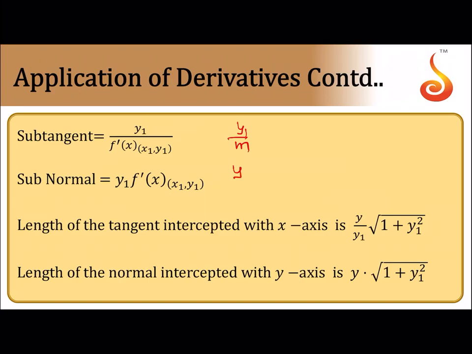So length of tangent intercepted on the x-axis: this is the subtangent, y1 by m, and the subnormal is y1 m. m is dy by dx.